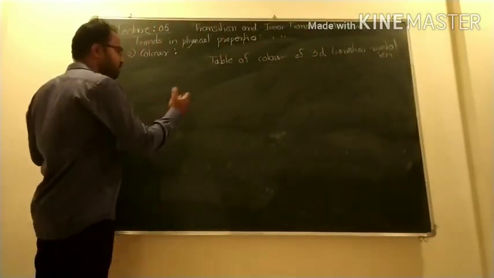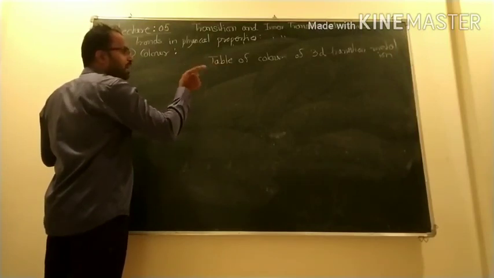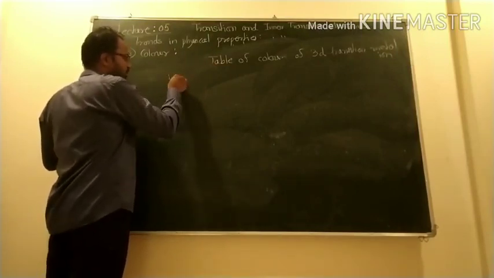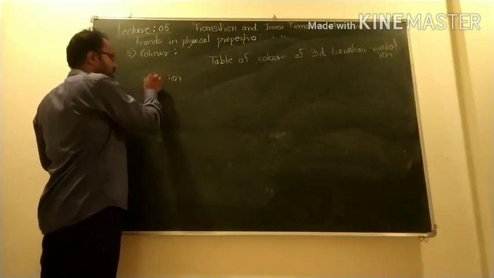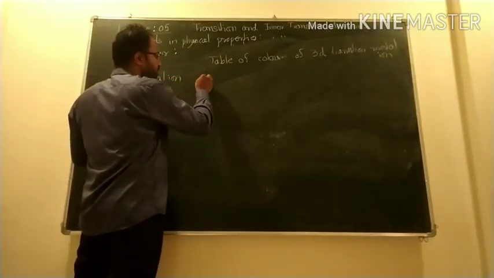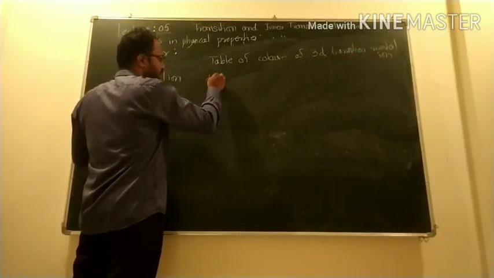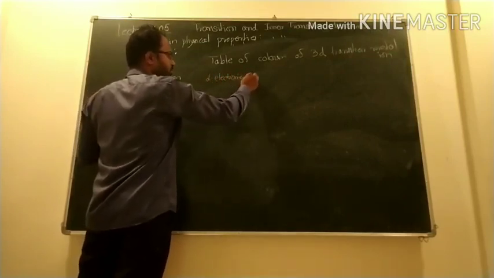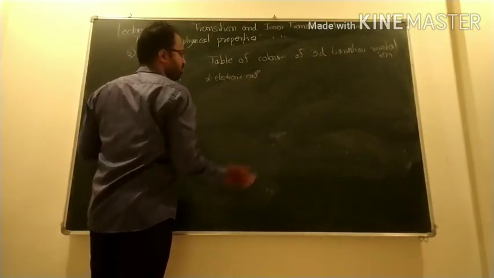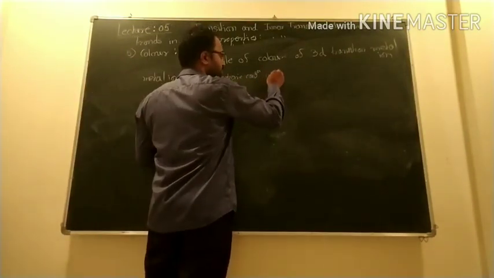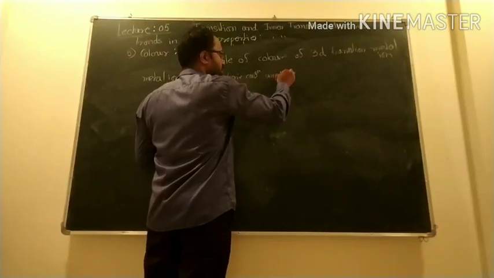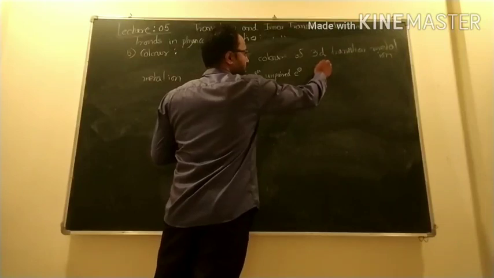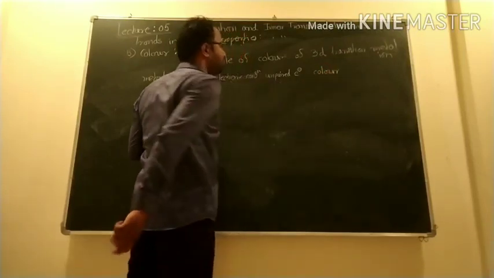So we observe the chart of metal ion colors. First the metal ion, then the electron configuration, then unpaired electrons, and the final color.